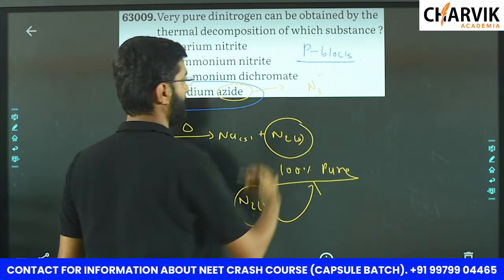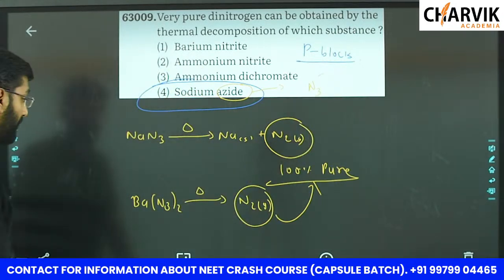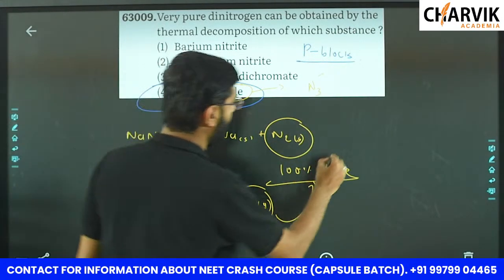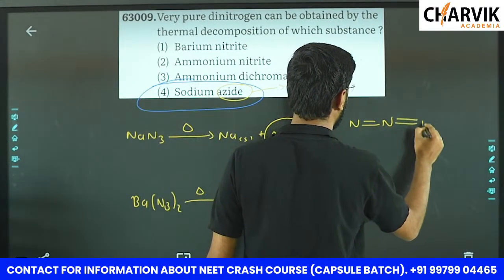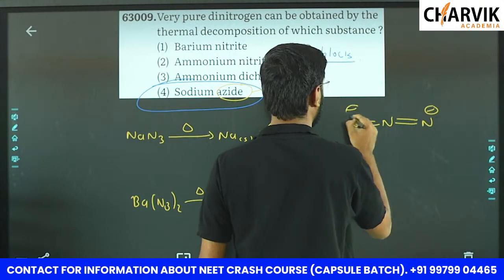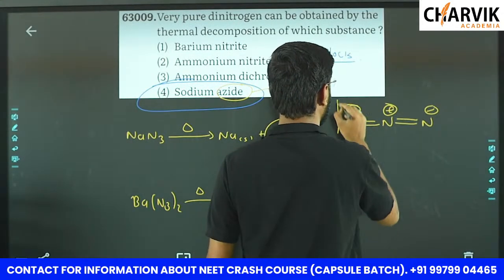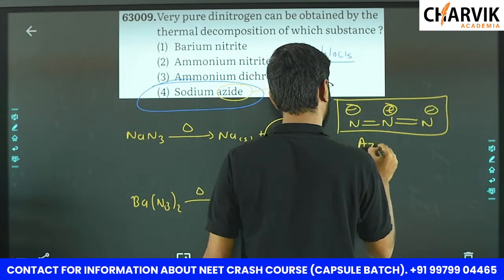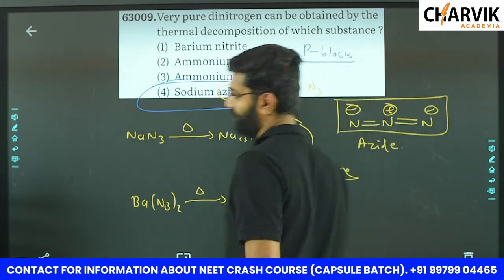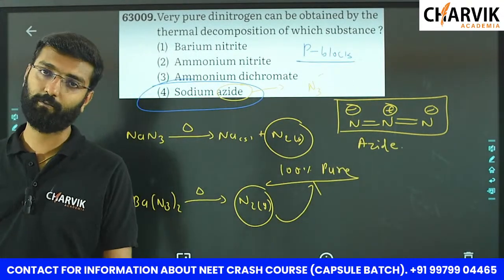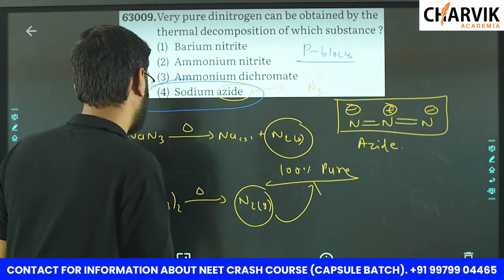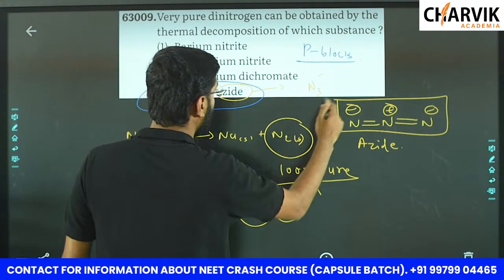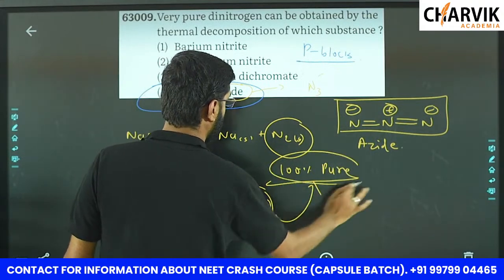N3 minus, right? And the structure of azide looks like nitrogen, double bond nitrogen, double bond nitrogen, with a negative charge and a positive charge. This is your structure of azide. So by heating azide, you will get almost 100% pure dinitrogen.